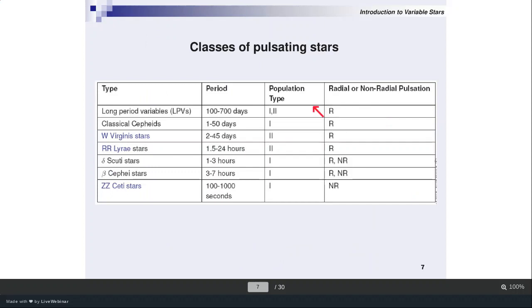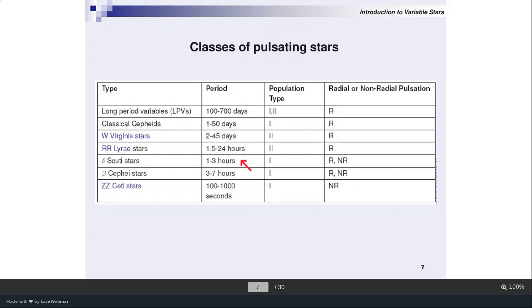So this is an overview of all the variable stars, right? If you look at the different variable stars, RR Lyrae, Delta Scuti, Beta Cepheids, this is a rough estimate of the periods. RR Lyrae are quite long period stars. The periods are more than 1 day. Delta Scuti, look at that. It is 1 to 3 hours, a very small period. So they are quickly changing stars, right?